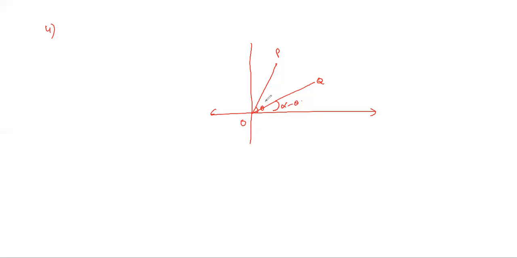So this is the bisector. Then you will get exactly the reflection of this line, and you will get the Q. Agree with me? If you bisect the angle, then this angle and this angle are same. So if you rotate this much angle, you will get Q.